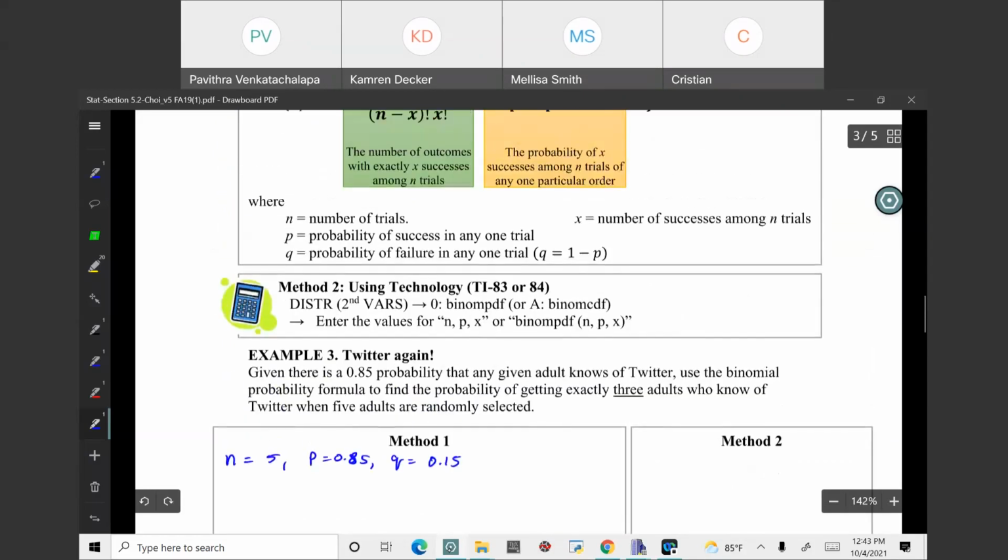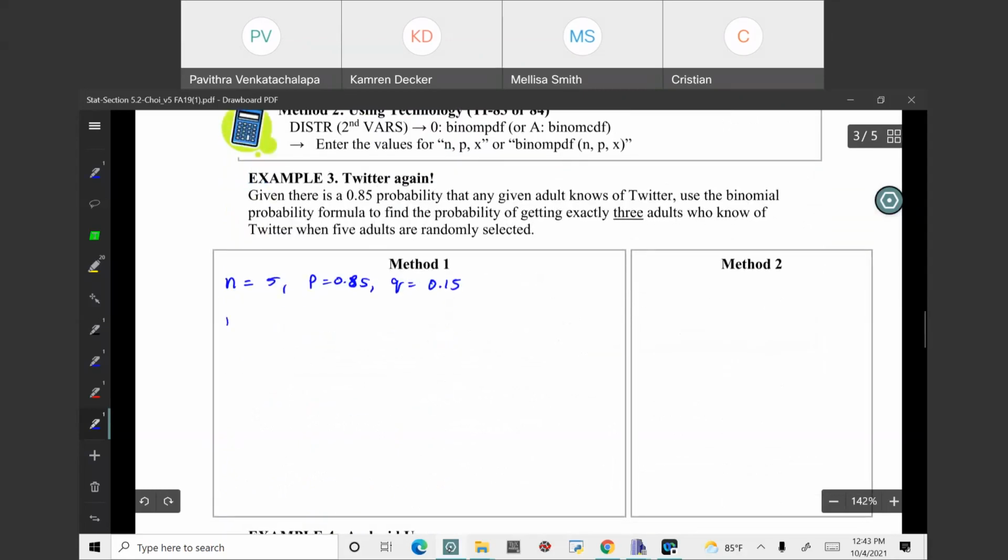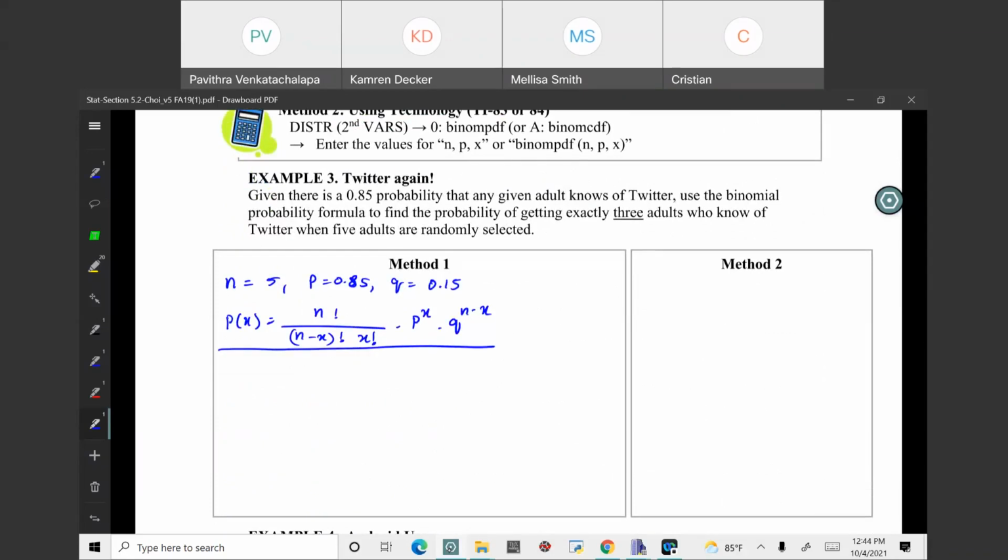Now I will use the formula mentioned here. P of x equal to n factorial divided by n minus x, the whole factorial, into x factorial, P of x. So this is the formula for the binomial probability distribution. We know all these terminologies, right? We found them in the previous example.